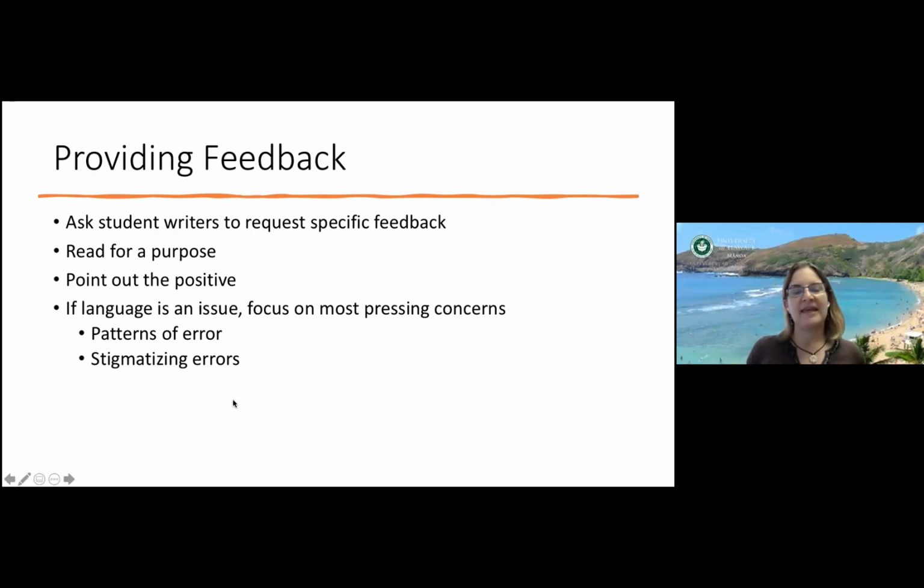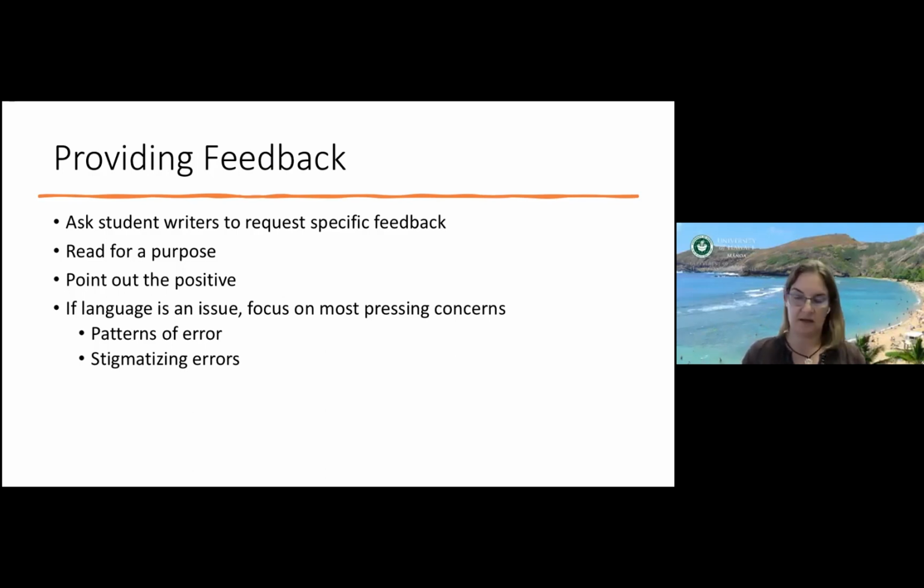And then in terms of language, really focusing on what gets in the way of understanding. What are some patterns of error? So if you notice that, and method sections are one area where verb tenses are really important. Procedures are done in a particular order.